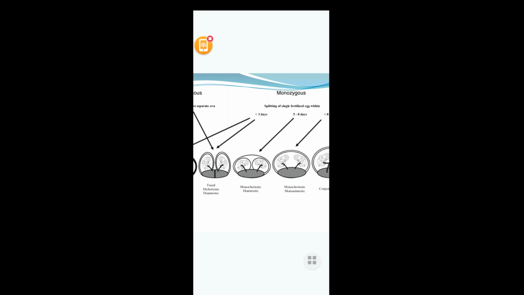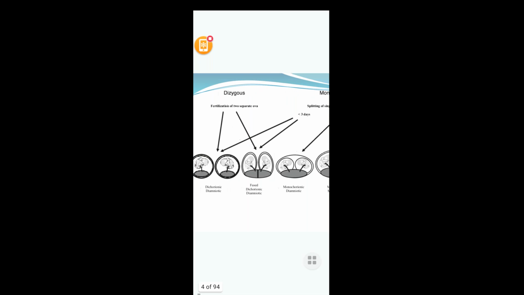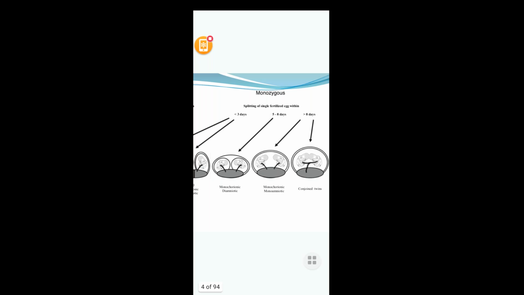So if the splitting of the ovum occurs before the placenta has started, that is less than 3 days, then it is dichorionic diamniotic. If the splitting occurs after 3 to 5 days, then it is monochorionic diamniotic. If it occurs between 5 to 8 days, then it is monochorionic monoamniotic. Usually after 8 to 12 days, it is conjoined twins.